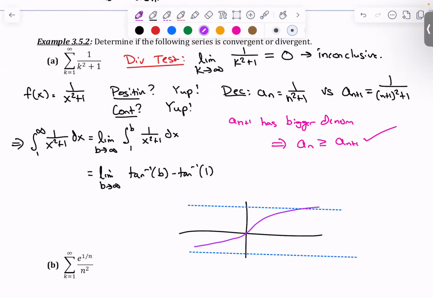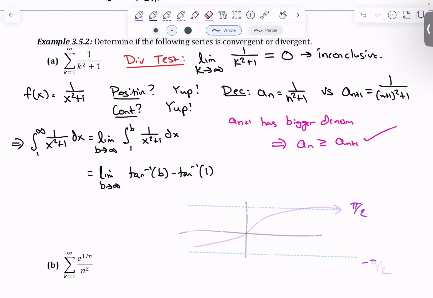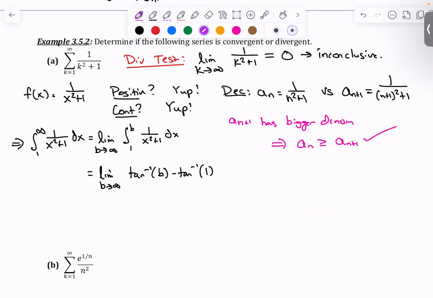Tangent inverse looks like that function where this is pi over 2 and this is negative pi over 2. So it does converge. So this will approach pi over 2.